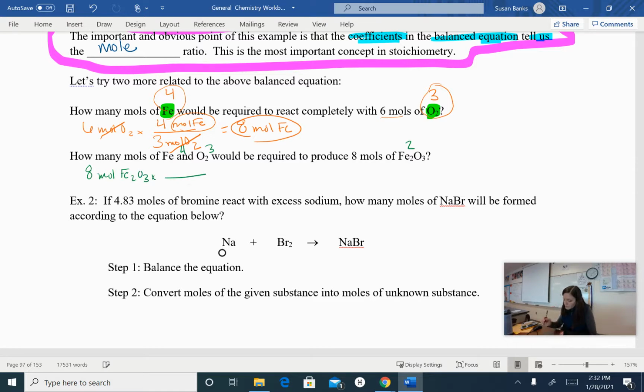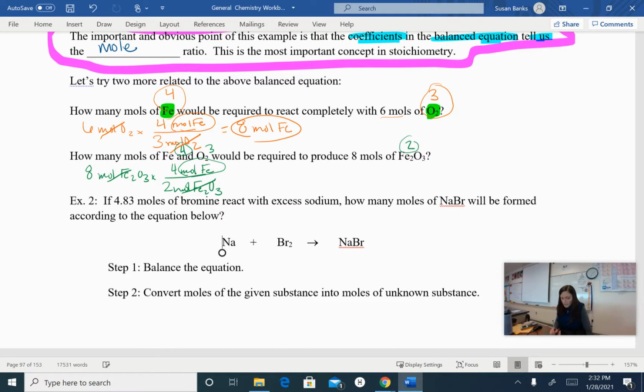So I'm going to put my moles of iron 3 oxide on the bottom so that I can cancel it out, and put my moles of iron on the top so I can know about that. So I'm going to grab that 2 moles of iron 3 oxide, react from 4 moles of iron. Okay, so my moles of iron 3 oxide cancel out, and I'm left with moles of iron, which is what I want.